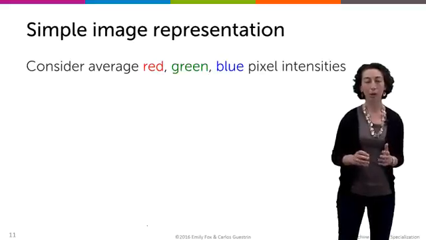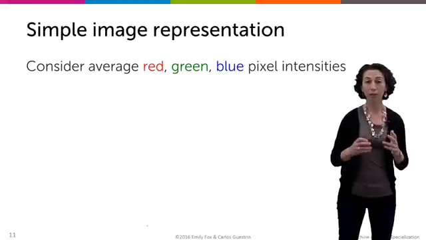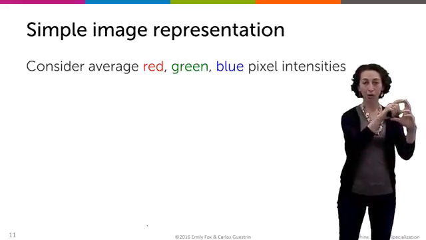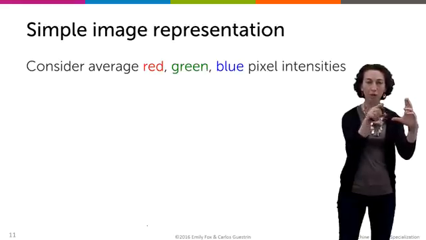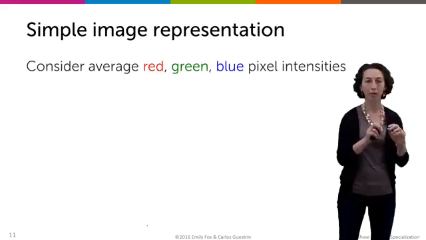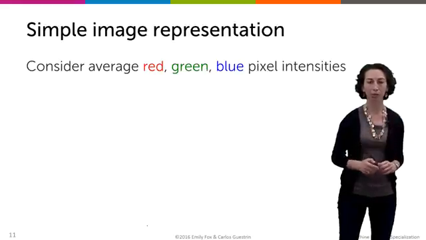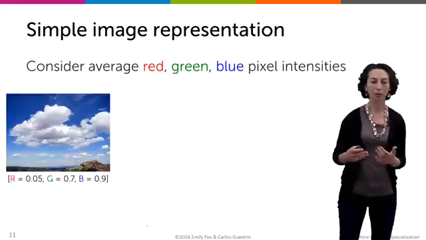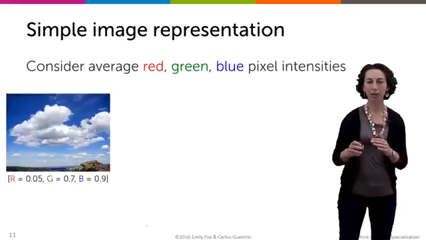Okay, so to start with, let's discuss our image representation. For the sake of this module and for the assignment that you're going to be working with, we're going to use a really simple image representation where we just average the RGB, red, green, blue values, so the pixel intensities across every pixel in the image, to get a single RGB vector per image. So for example, maybe this image of clouds has an RGB vector 0.05, 0.7, 0.9, and here we've normalized all these RGB values to be between 0 and 1.